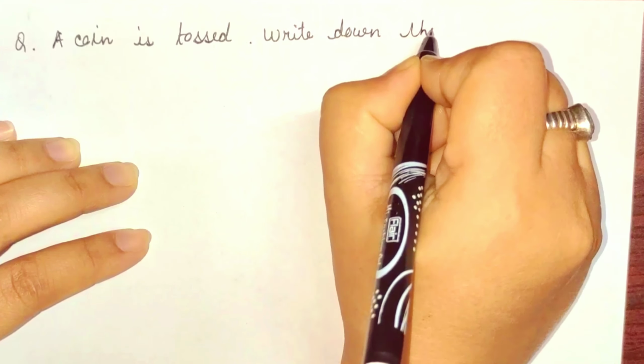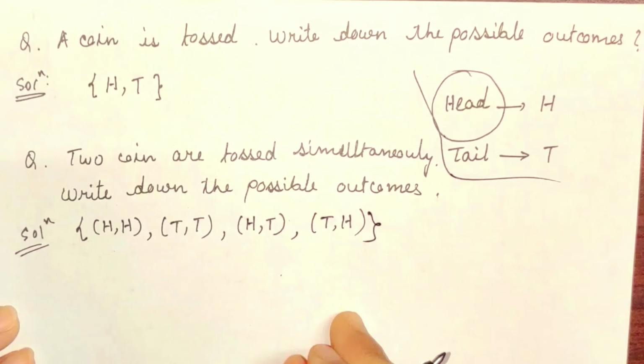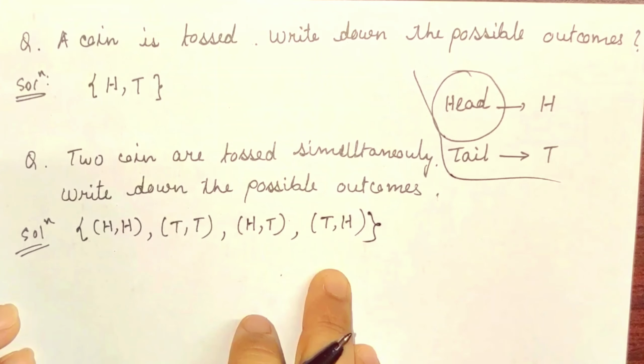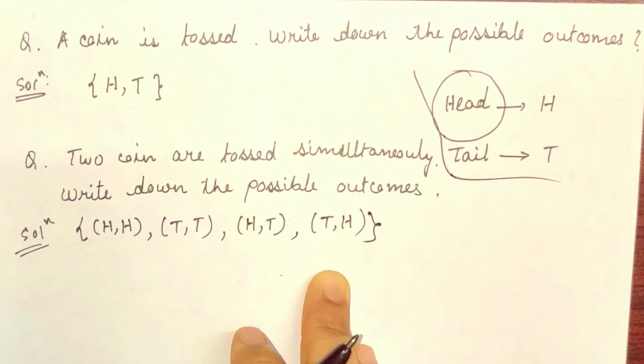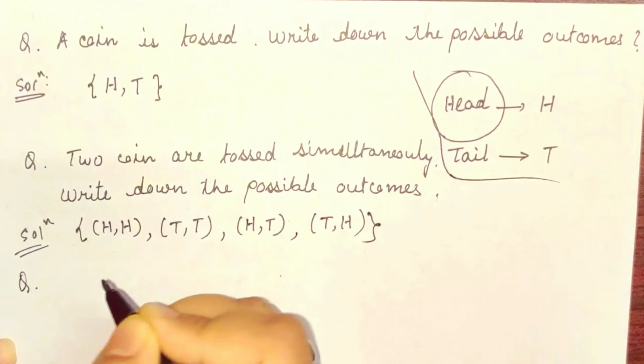Then the opposite can also happen. Tail can occur in the first one and head can occur in the second one. So close the bracket. These are the possible outcomes if you toss two coins simultaneously. Now we will also solve the question for the dice.